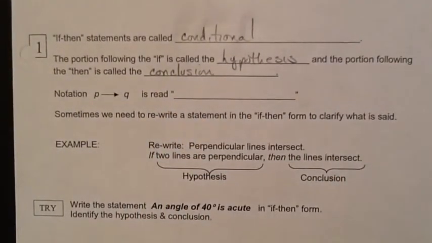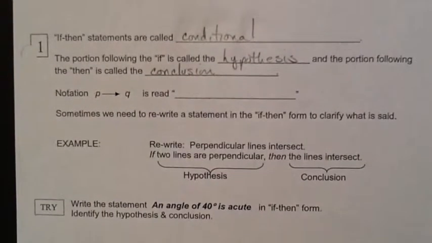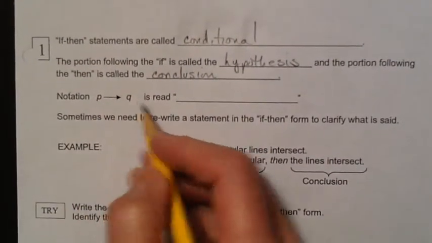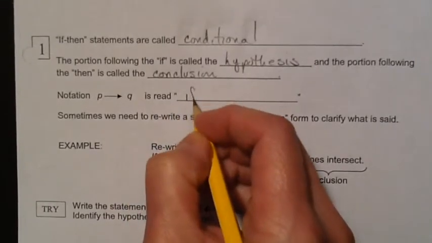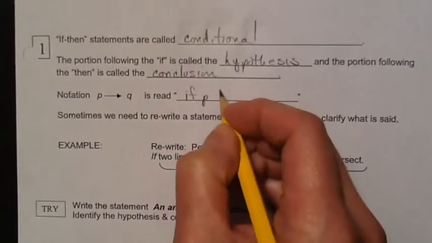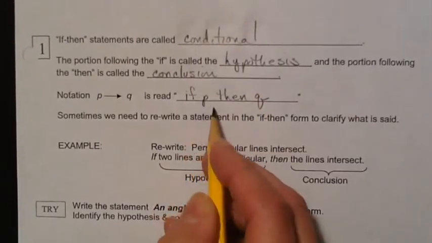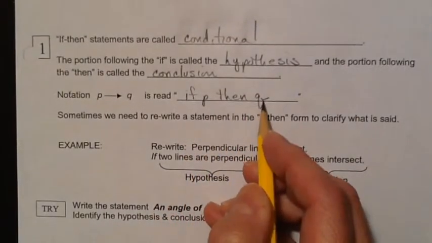We like to write in notation. So if we have a conditional statement, it's of the form P then Q, and this is read if P, then Q. And here the P is the hypothesis and Q is the conclusion.